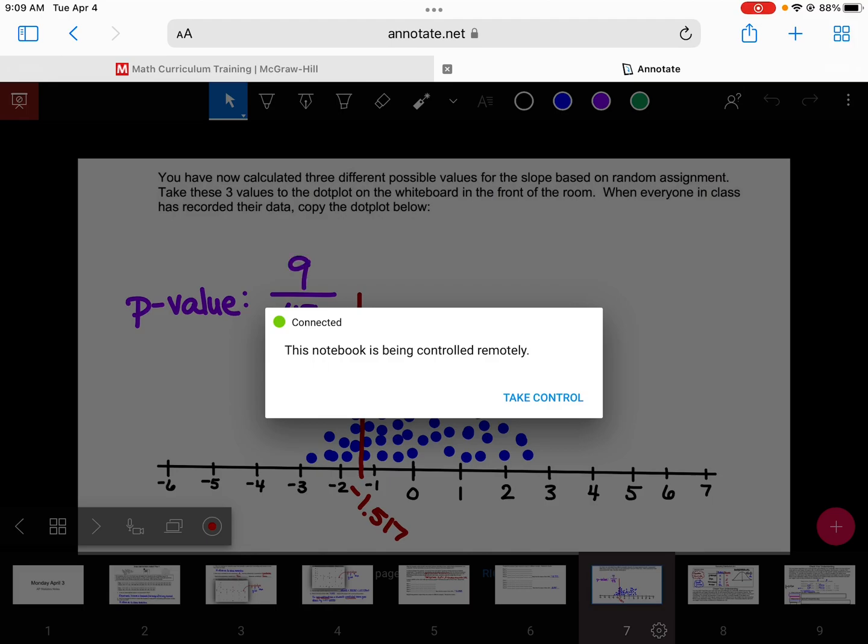I'm coming up with 9. 9 over 48 is what as a decimal? 0.1875.